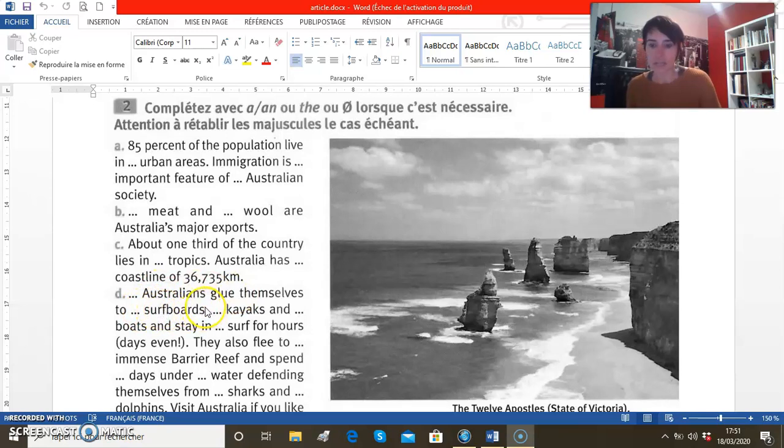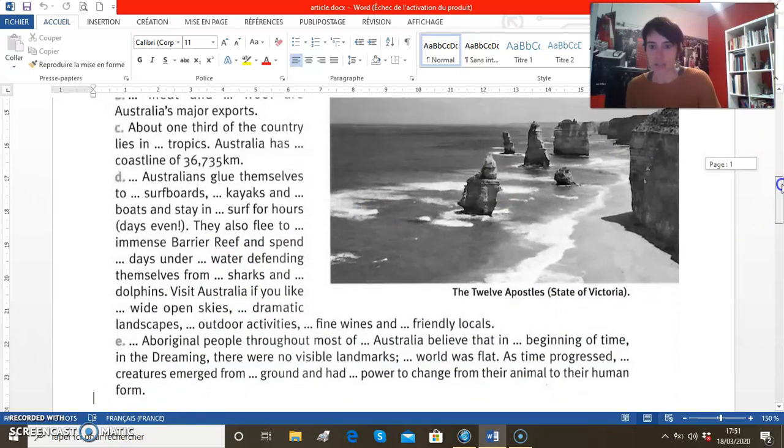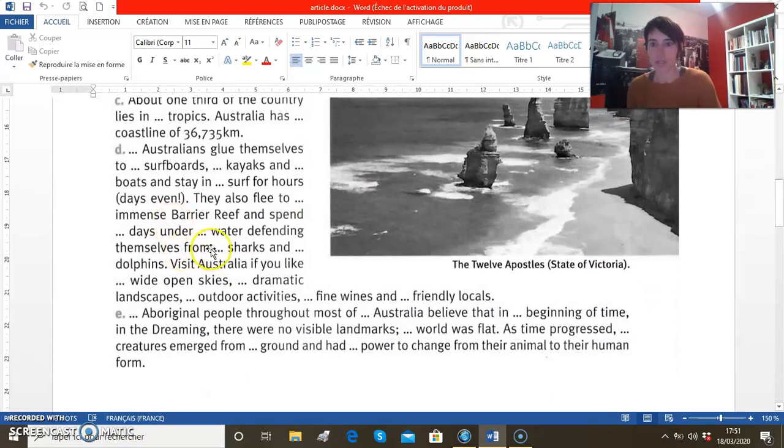So here you've got s, so this is the general activity, to surfboards, kayaks and boats, and stay in the surf for hours, days even. They also flee the immense barrier reef and spend days underwater, defending themselves from sharks. So here again it's general idea. So defending themselves from sharks and dolphins.